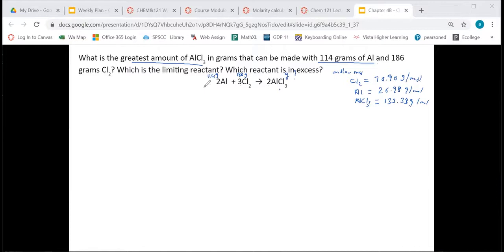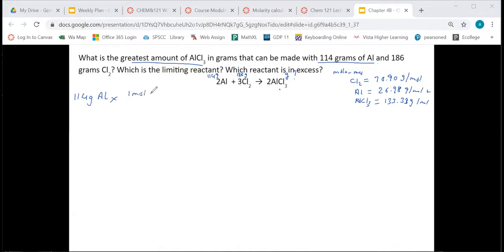Let's do that. So the aluminum is, we have 114, just going to write it really tiny, 114 gram of aluminum. So we're going to convert that to mole first, okay? So how are we going to convert? We have the molar mass over here. We're going to use that.